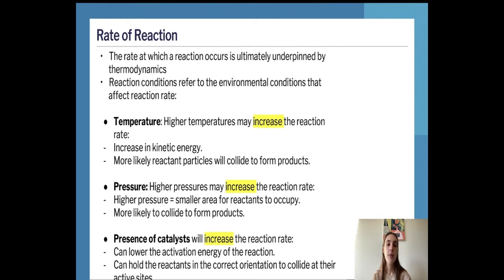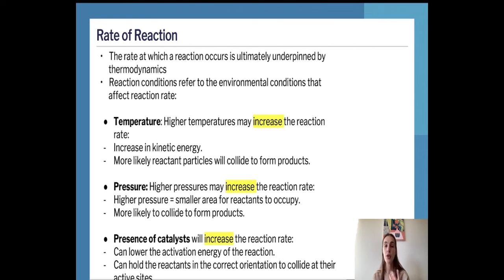When we consider temperature, higher temperatures may increase the reaction rate. This is because they will increase kinetic energy because we're putting more energy in as heat, and so there's more energy for these particles, so they're going to move around more.